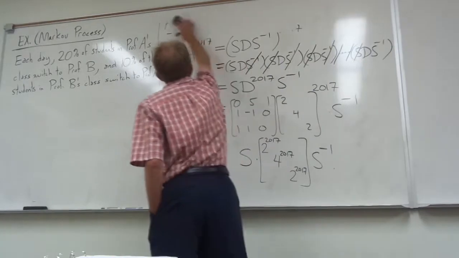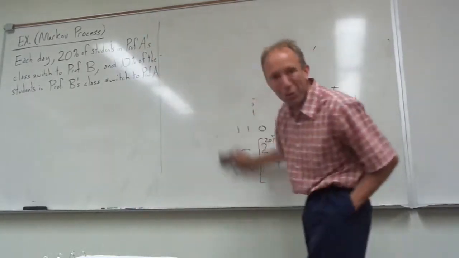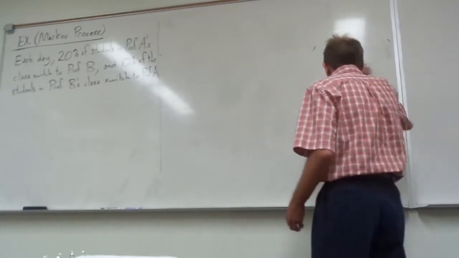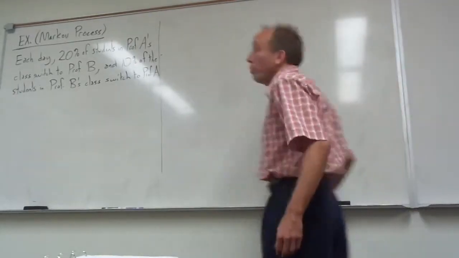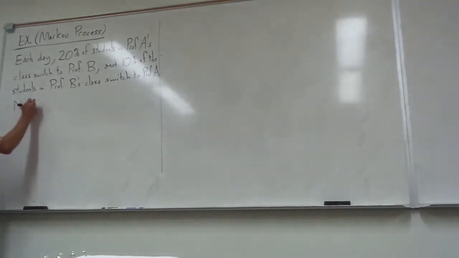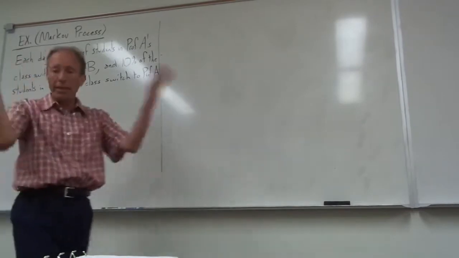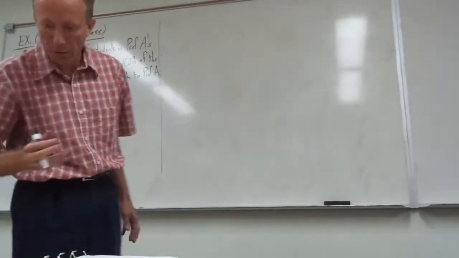Okay, so we have these two professors, and these students are switching back and forth between two sections of a class. And let's assume that nobody drops, okay? Nobody ever drops the class, but they keep switching, and they do this every single day for the whole semester.